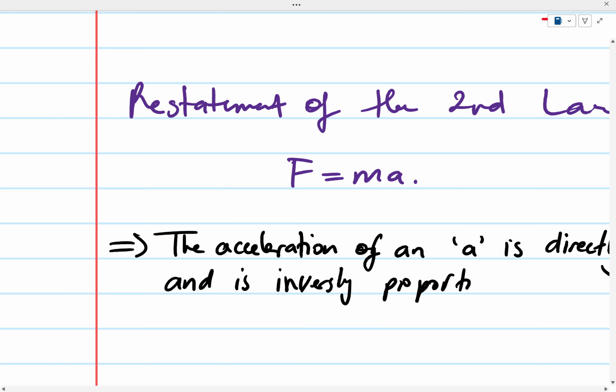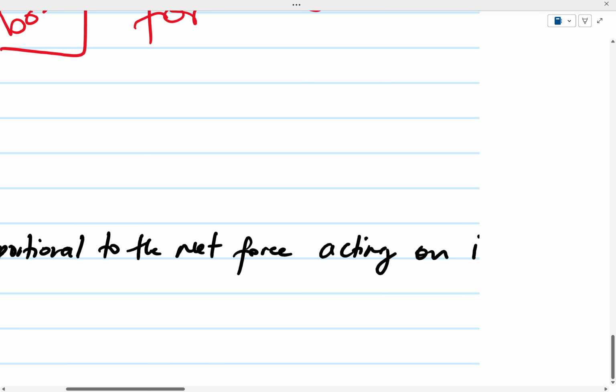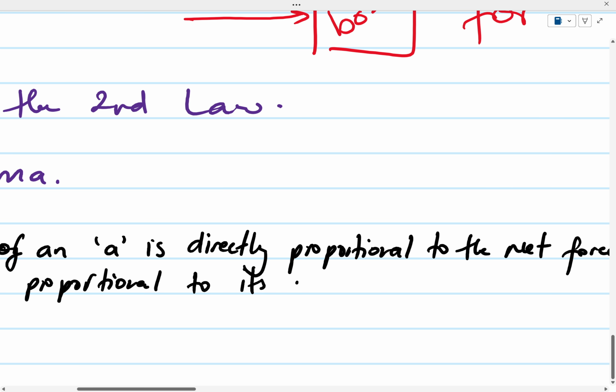Proportional to the object's mass. Let me rephrase that. This should be something that we've seen in some capacity before. Hopefully we have.